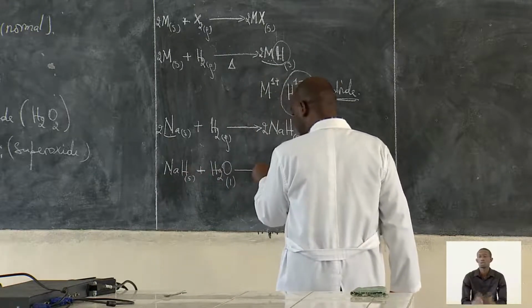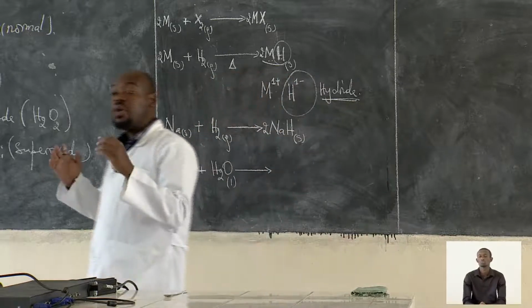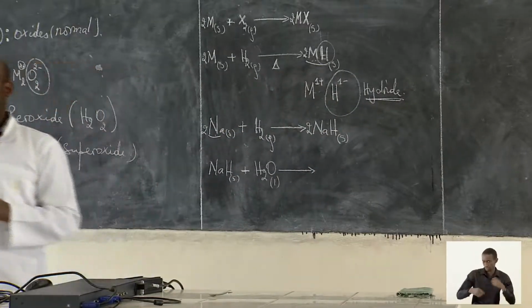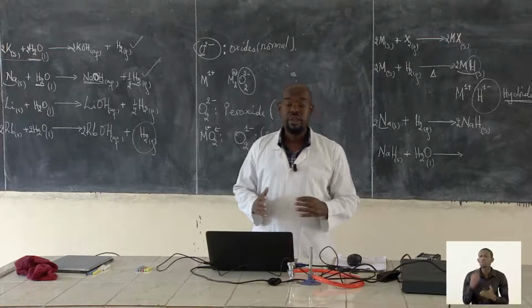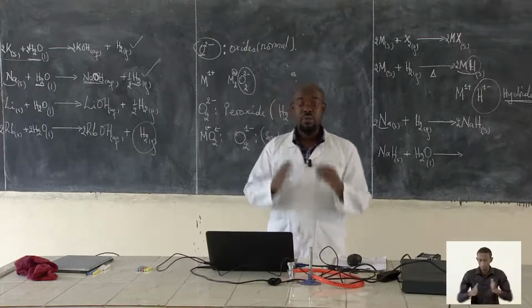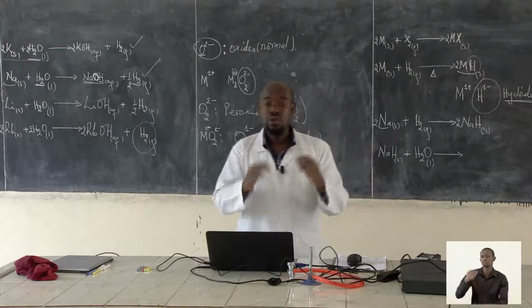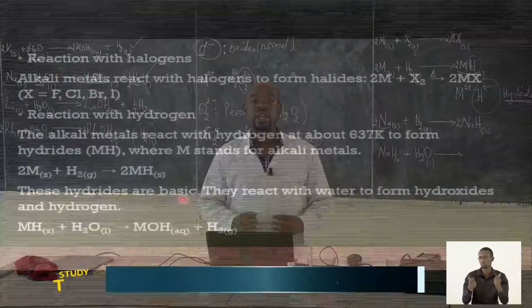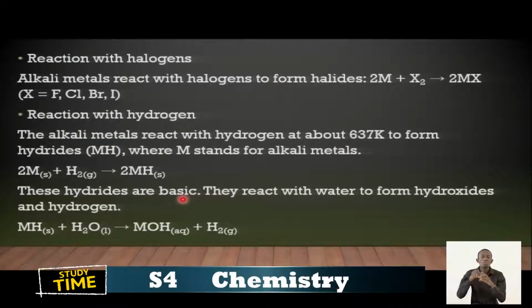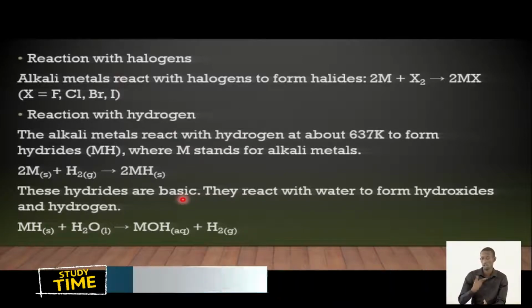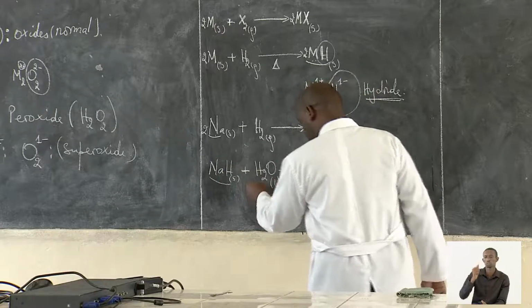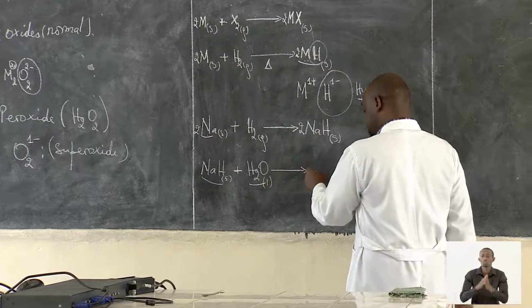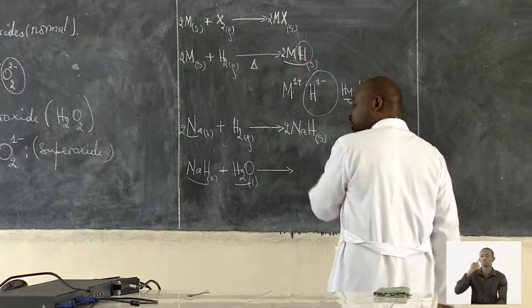How can we show that? When they react with water, what do we get? Reacting with water, we produce alkaline solutions, solutions containing a hydroxide. So we have sodium hydride reacting with water, we produce a hydroxide and hydrogen gas.